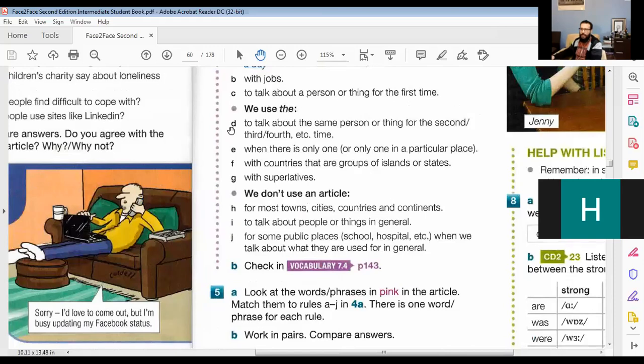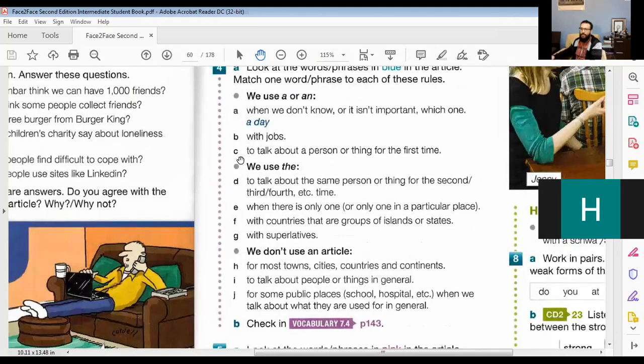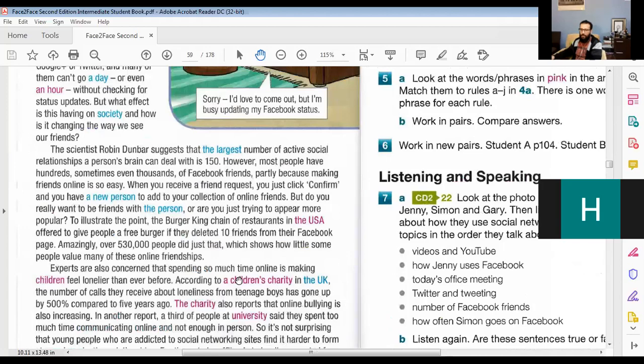So D. But what about the first one? A children's charity. First one. The first time. C. Correct. You're talking about a person or a thing for the first time. A children's charity is C. Correct? Okay.